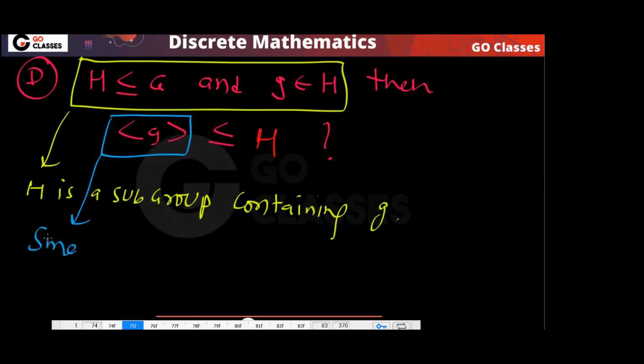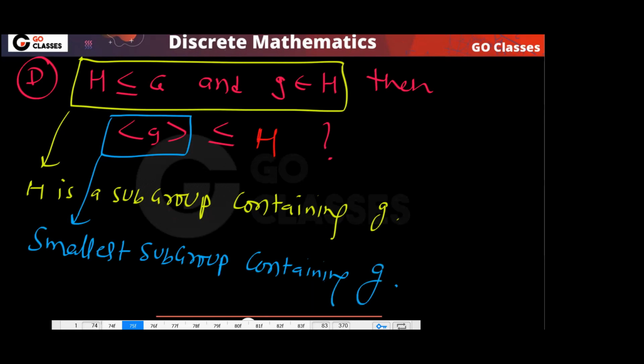This is the smallest subgroup containing G. Yes or no? This is the word I have told you many times, but you might have forgotten this small detail: this is the smallest subgroup that contains G.